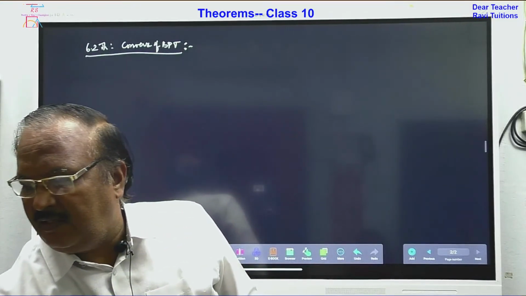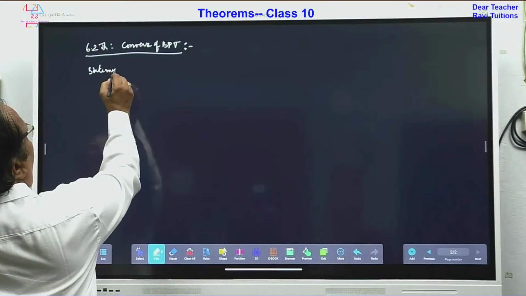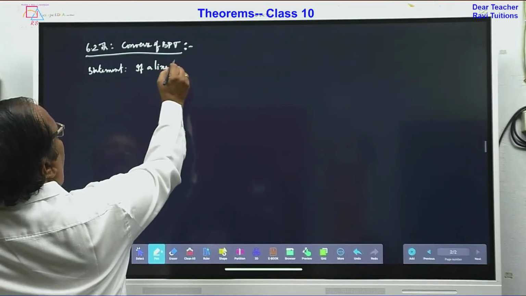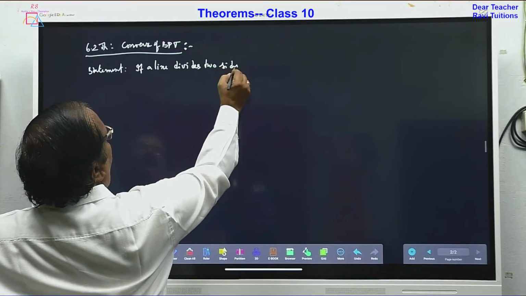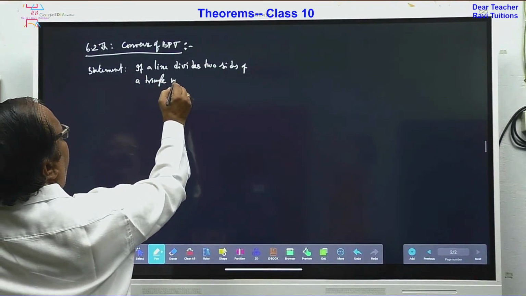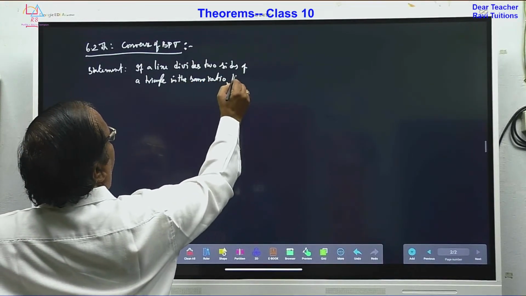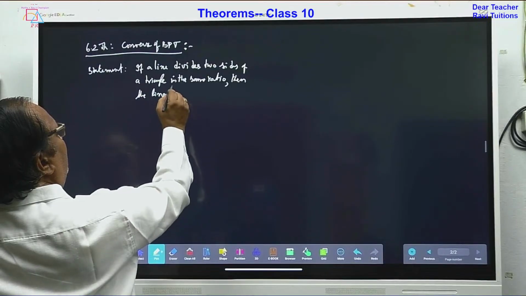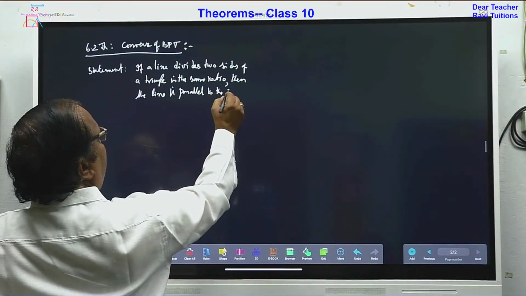So here let me write the statement first. If a line divides two sides of a triangle in the same ratio, then the line is parallel to the third side.